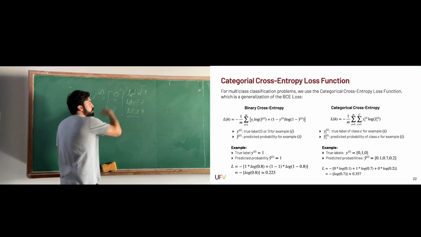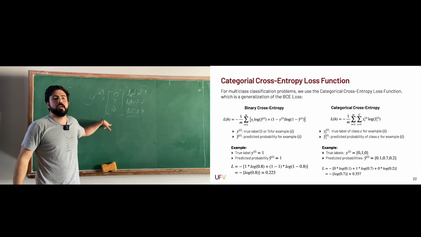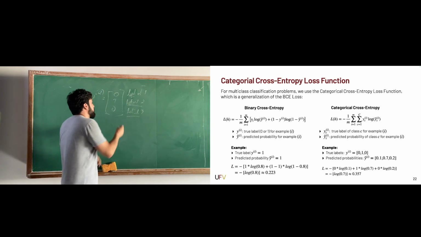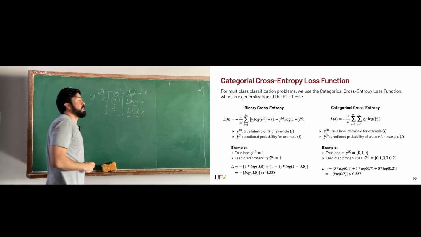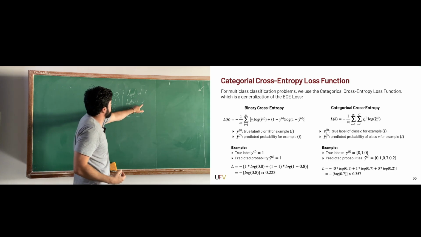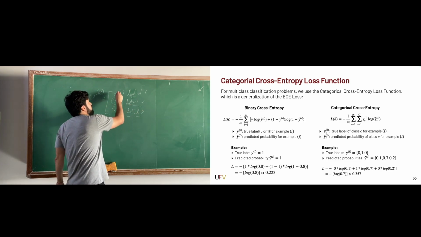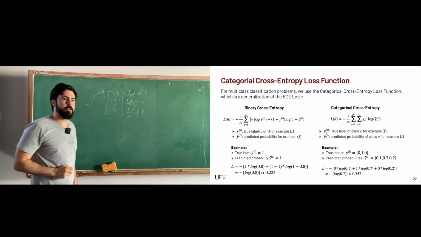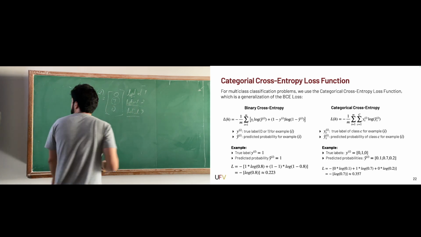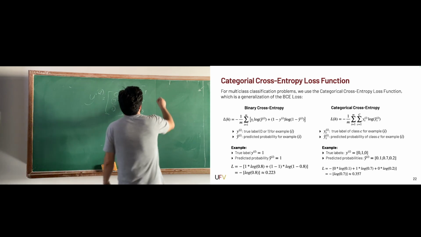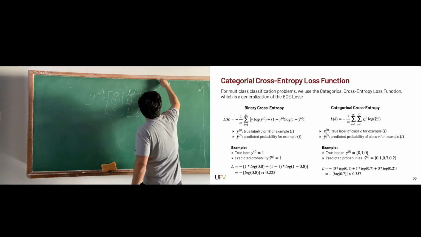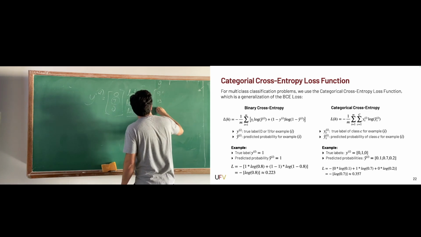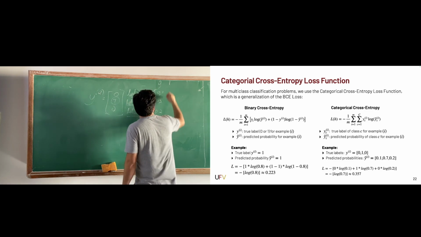So this is the ground truth distribution of this example. It has label 2, so in other words, it has probability of 1 of being of class label 2, and probability 0 of being from label 1, and probability 0 of being from label 3. Okay? And my predictions are y hat 0.1, 0.7, and 0.2.